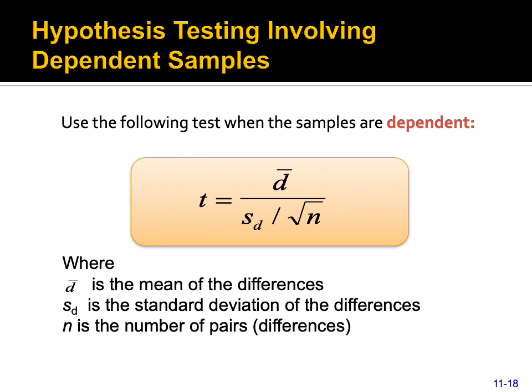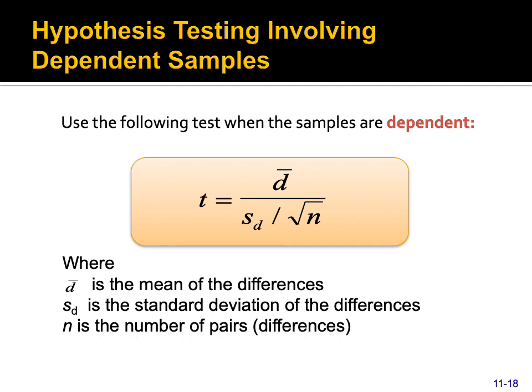This looks very similar to our Z equation from chapter 7. The other difference in this section is that the degrees of freedom for a dependent sample is n minus 1.